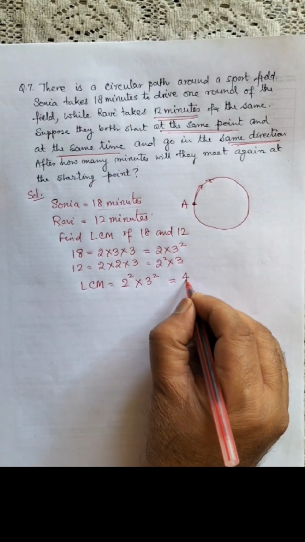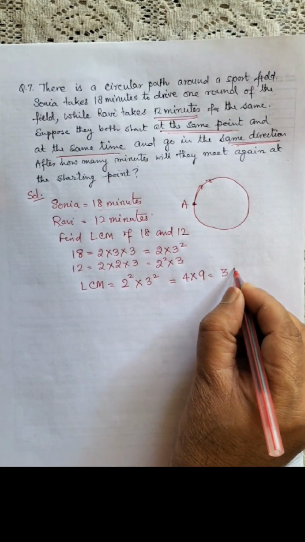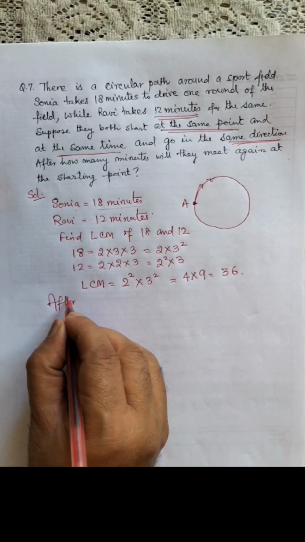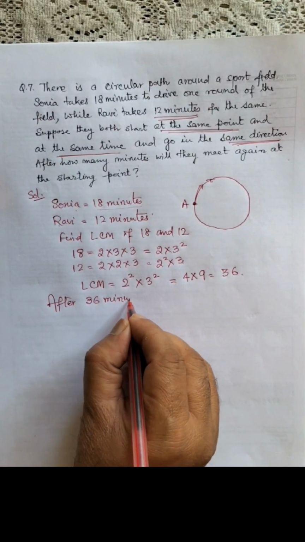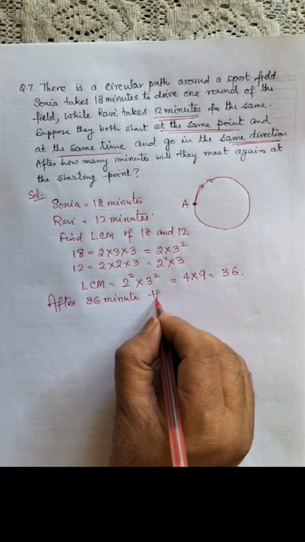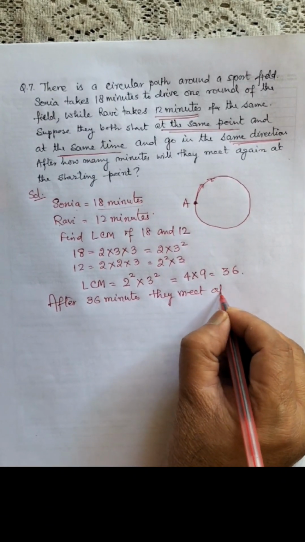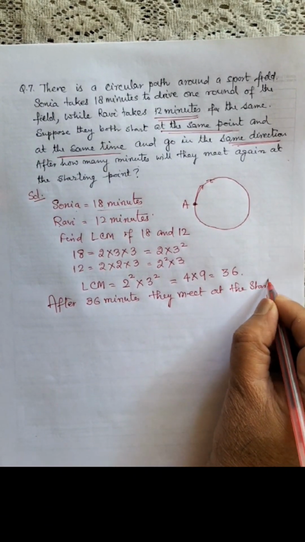What does it give? 4 times 9, that is 36. So after 36 minutes they meet at the starting point.